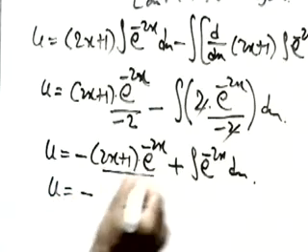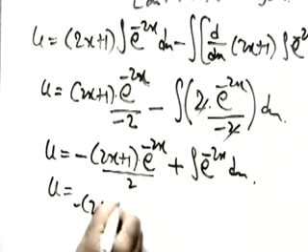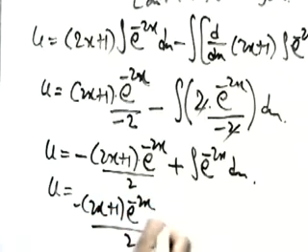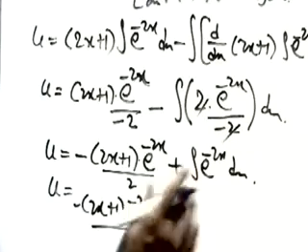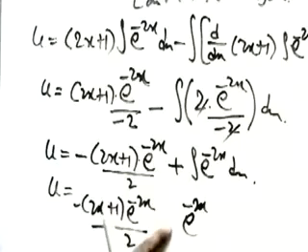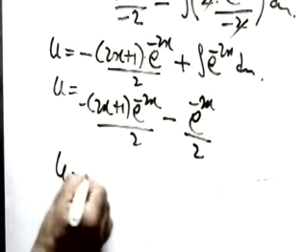Again integration of e power x. U equals, sorry, this is 2 by 2, minus of 2x plus 1 e power minus 2x by 2. Now integration of e power minus 2x: with x we have minus 2, so divide by minus 2, minus into plus, minus 2. Let me take common here.